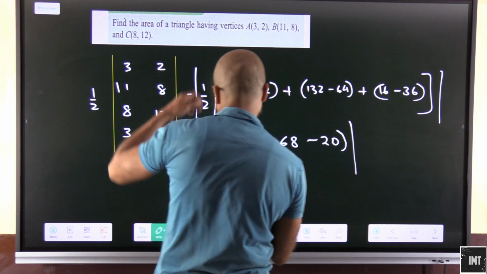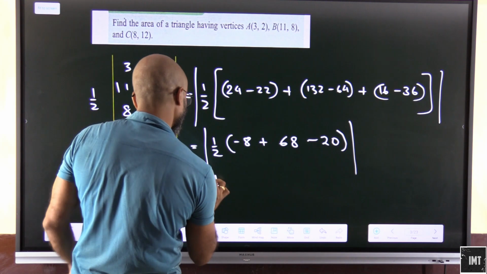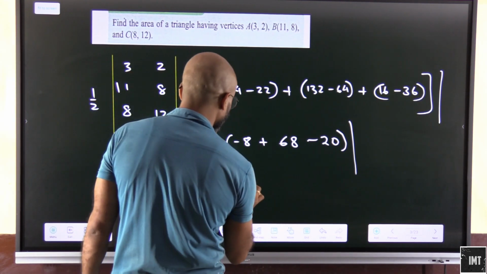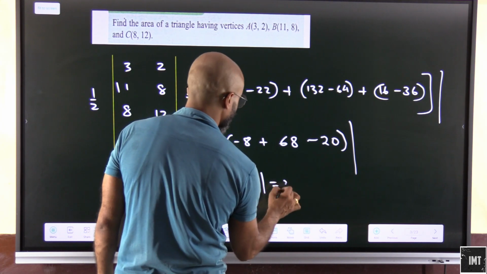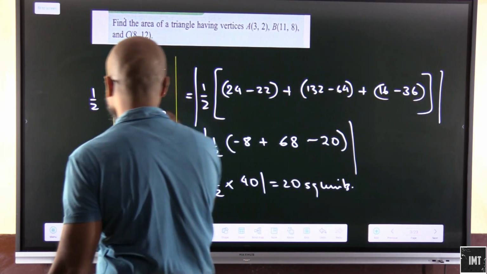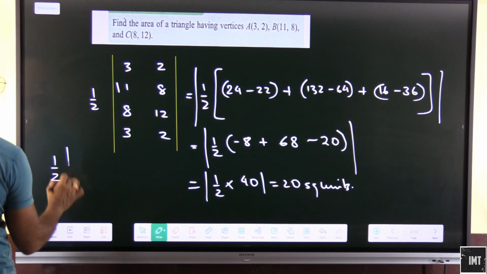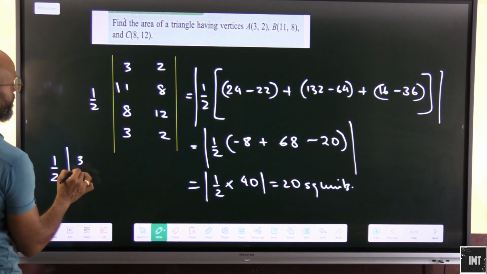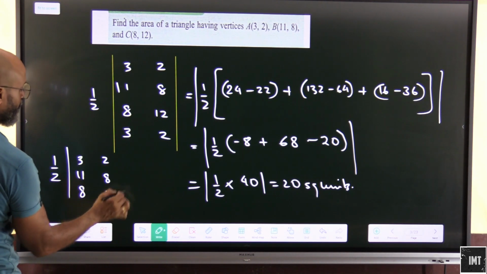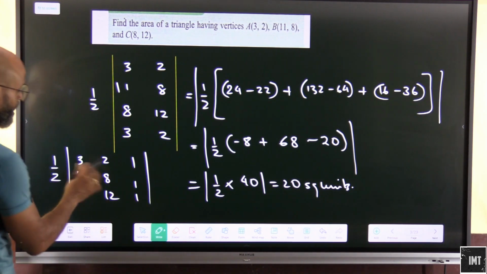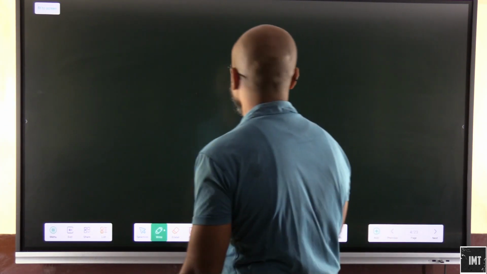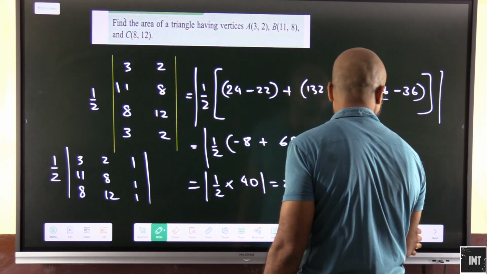So this will be half into the mod value of 20 minus 28, or 68 minus 28, that is 40, approximately 20 square units. We can find it in this way, and we can also find it as half of the determinant 3 11 8, 2 8 12, 1 1 1. If we take out the determinant, we can get the value here as well.